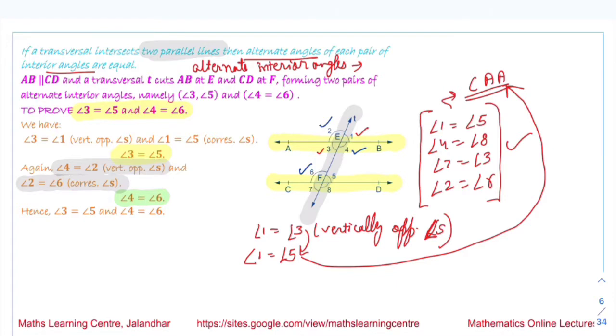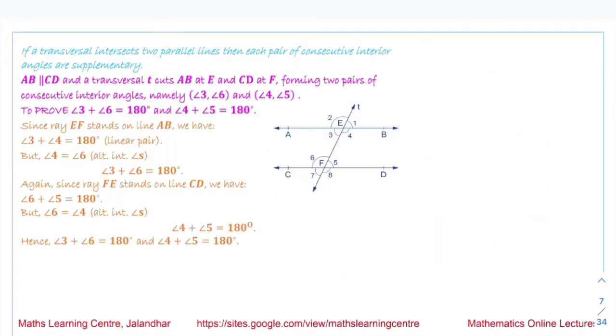The next theorem we have: if a transversal intersects two parallel lines, then each pair of consecutive interior angles are supplementary. So again, two parallel lines and a transversal are given to us, and we have to prove that the pair of consecutive interior angles are supplementary.